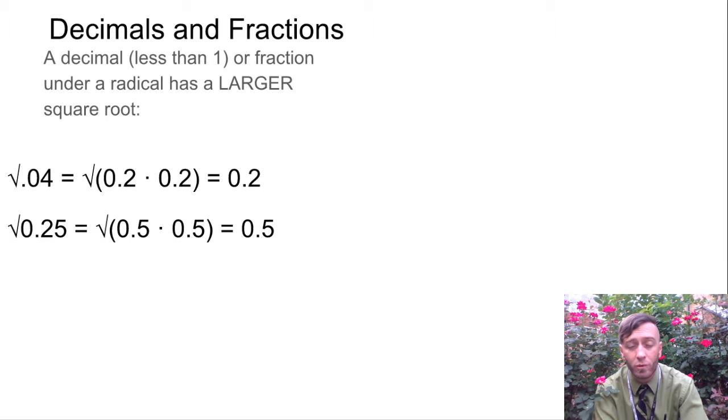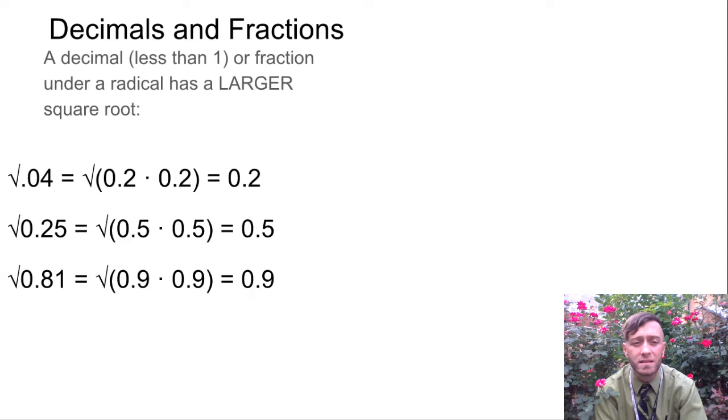Square root of 0.25 is the product of 0.5 and 0.5, right? Which means the square root of 1/4 is actually 1/2. And if I have 0.81 under the radical, that's a product of 0.9 and 0.9, which means the square root of 81 hundredths is 9/10.